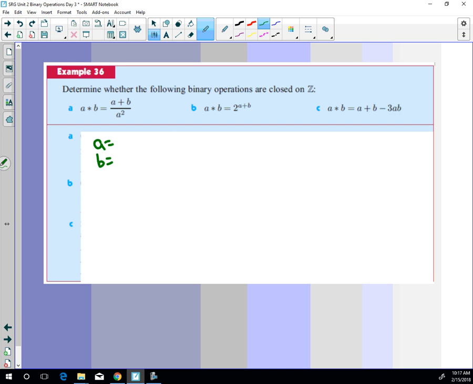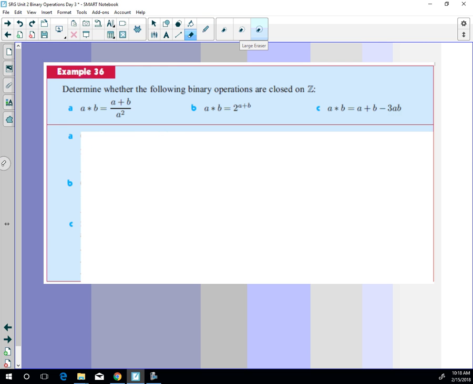I love it. 0's good. Let's try 3. 0 is a little interesting. Sometimes it's a different reason, but let's try A is 3 and B is 2. So you're going to get 3 plus 2 over 3 squared, or 5 over 9, right? And is that an integer? Boom, done.